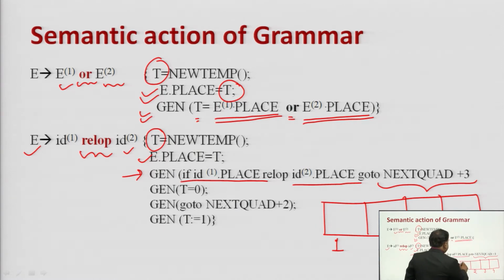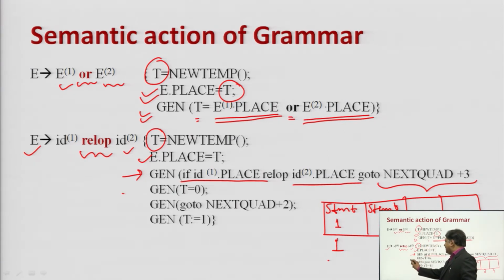So, for example, statement 1 is this and statement 2 is residing at 2, then the quadruple means 1 plus 2, that is 3, 1 plus 3, that is 4, right. So, we will write these statements as quadruple statements.